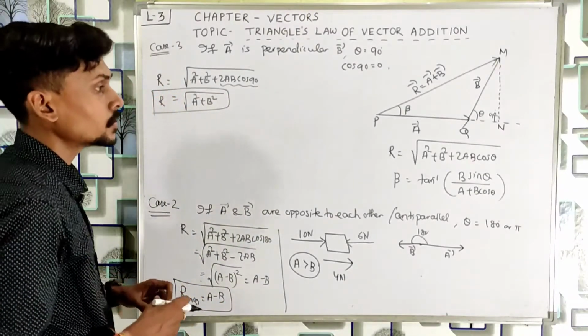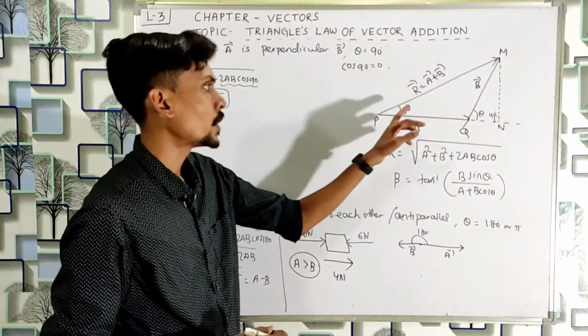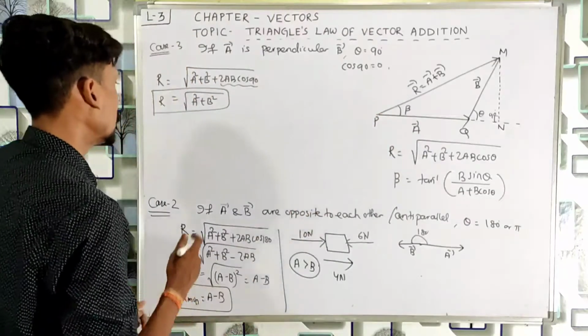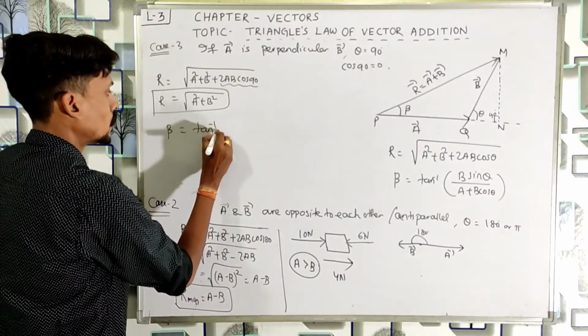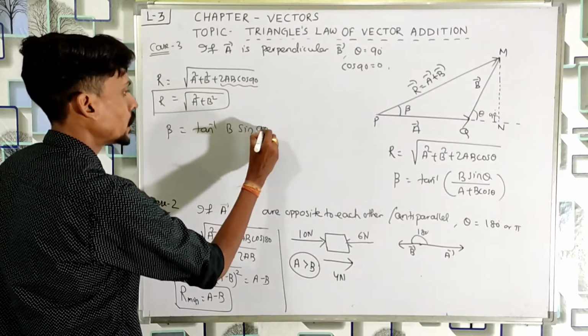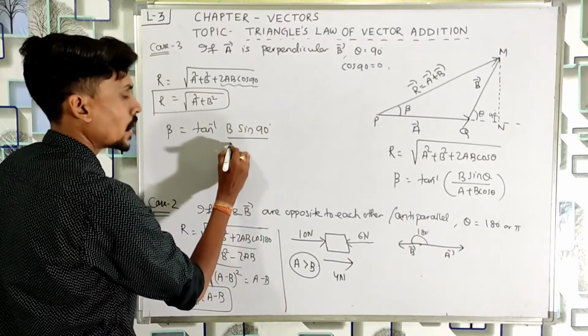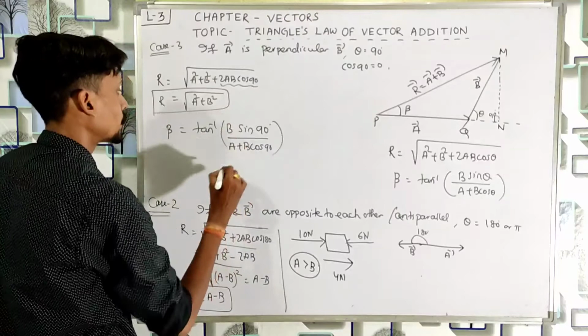And what will be the angle beta? In this third case, what will be the angle beta between R vector and A vector? Look at the expression, beta equal to tan inverse of B sin theta divided by A plus B cos theta. In place of theta I will put 90 degrees, or A plus B cos 90.